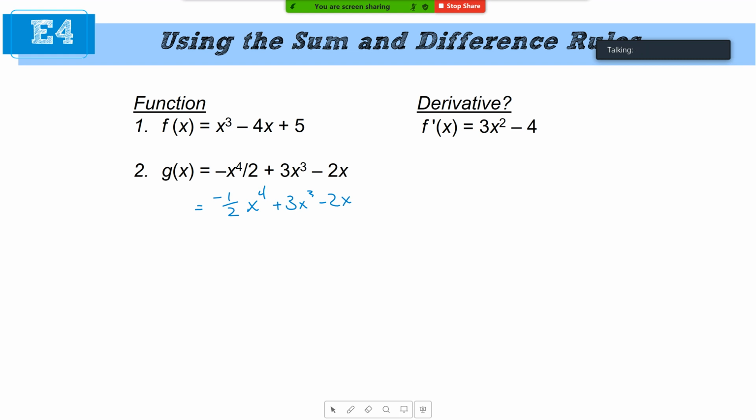Kev, what's g prime of x? Want to take a shot at it? Yeah, I got negative 3 over 2 x cubed plus 9x squared minus 2. Ooh, almost perfect. Your first term was wrong.